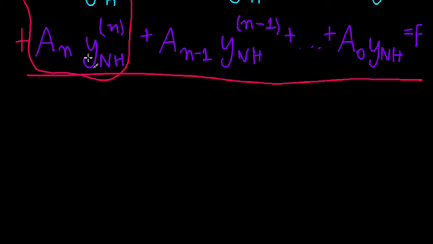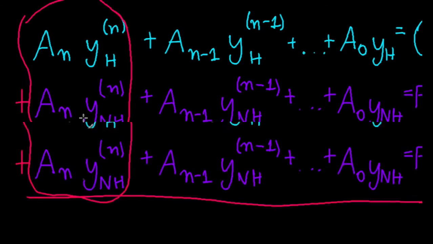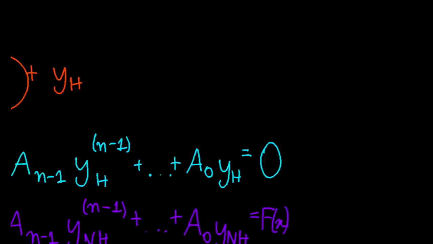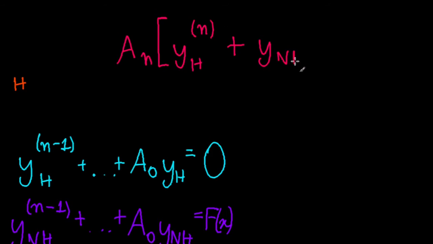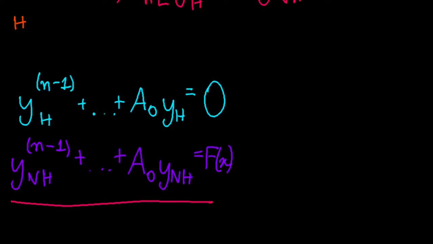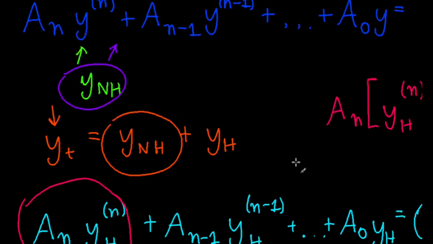What we're going to get if we add this column is what? I'll actually do it here. You can factor out a sub n, and inside brackets you're going to have the nth derivative of the homogeneous solution added with the nth derivative of the non-homogeneous solution, right? All I did is add these two things and factor out a sub n.